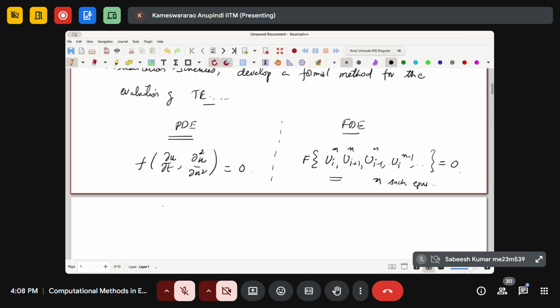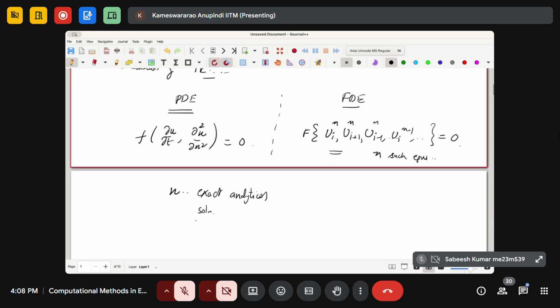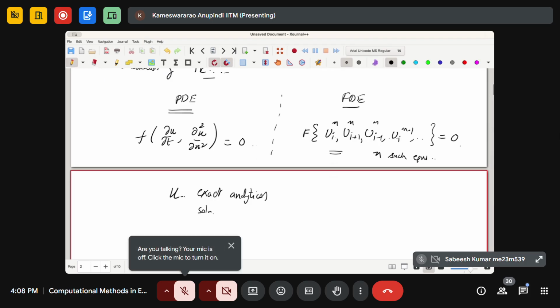Now our little u, which is the exact analytical solution, is going to satisfy the partial differential equation. That means f of u equals 0.